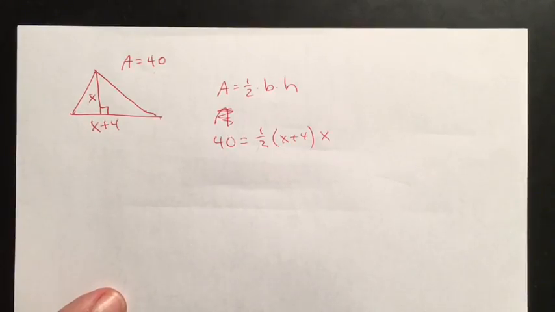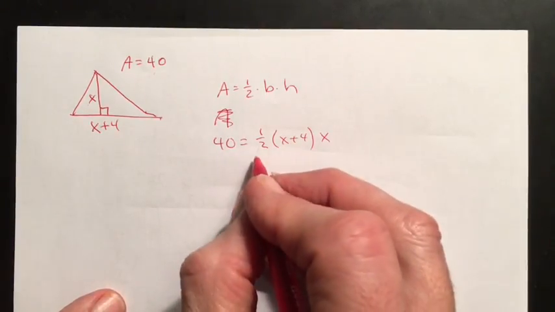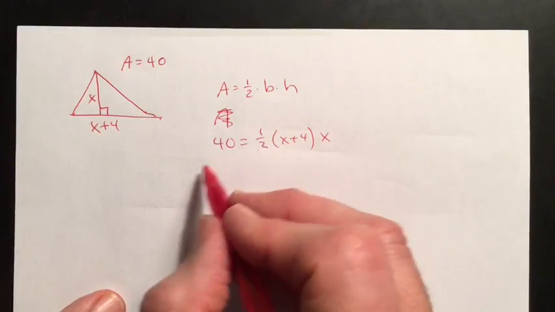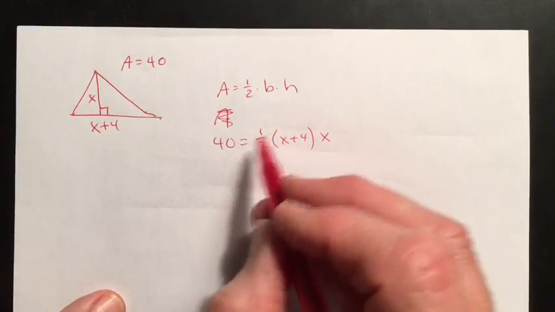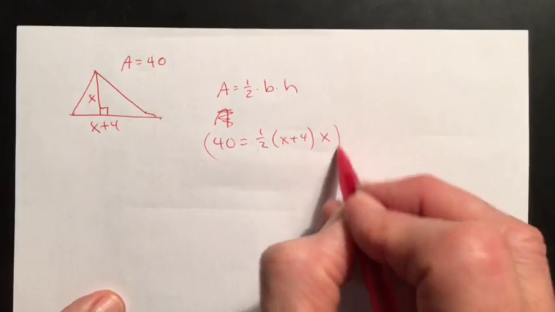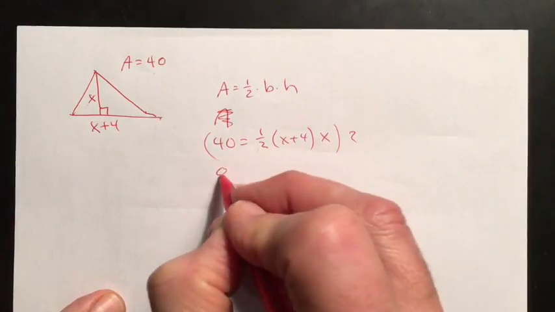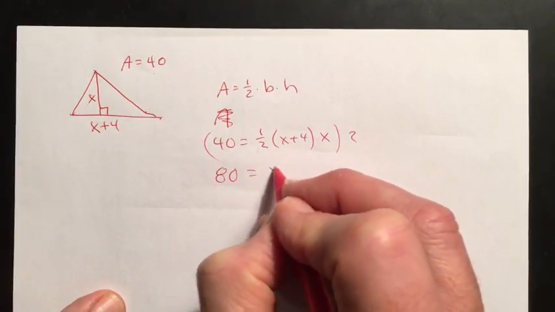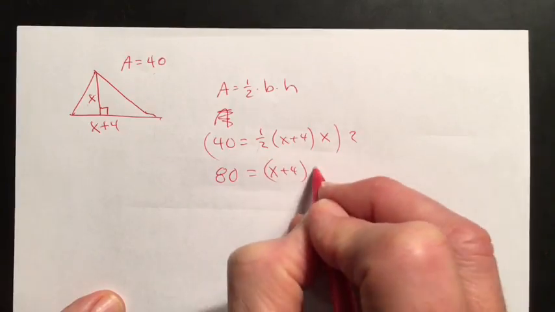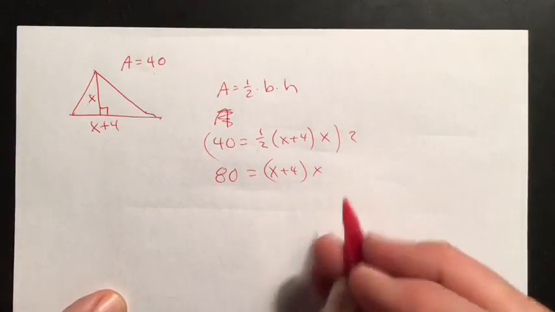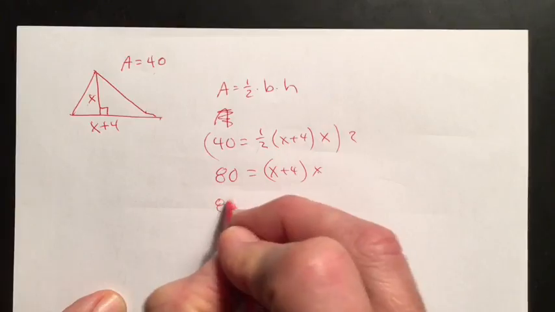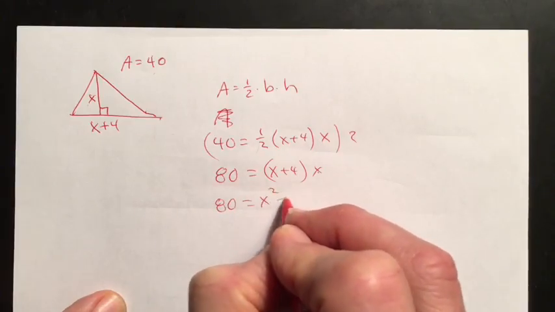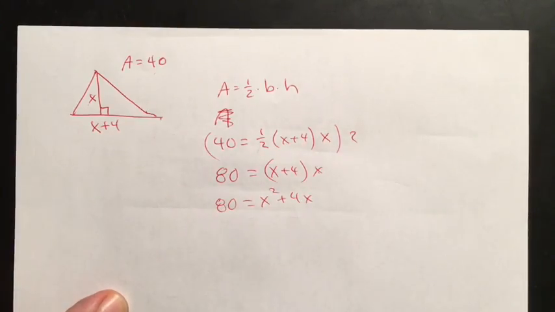Okay, so the first thing I want to do is get rid of that half. Fractions freak me out. So one term on this side, one here, I'll multiply the entire thing by 2. I get 80 equals (x plus 4) times x. Distribute the x. 80 equals x squared plus 4x.